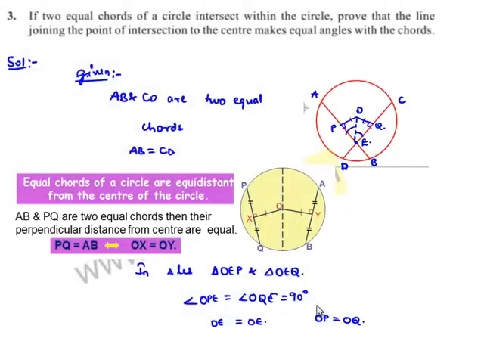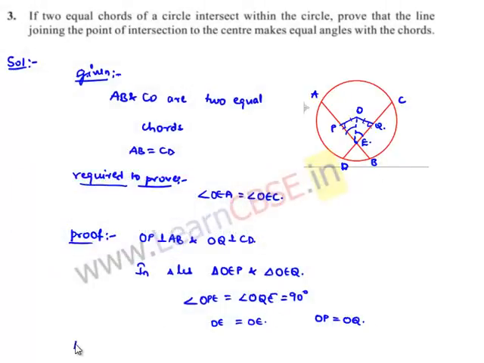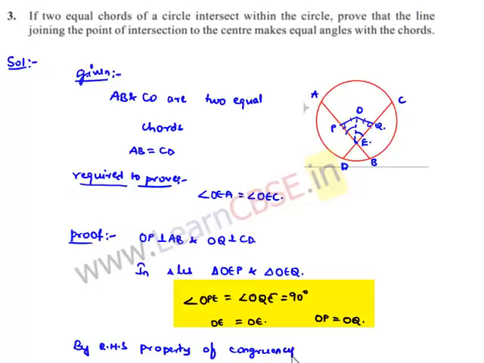Therefore, by the RHS property of congruency, since it is a right angle triangle, we can say both the triangles are congruent. Therefore, triangle OEP is congruent to triangle OEQ.